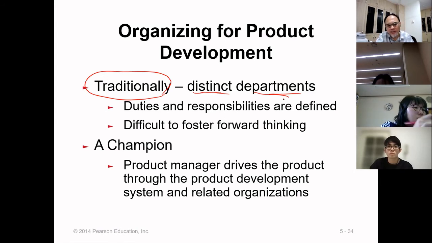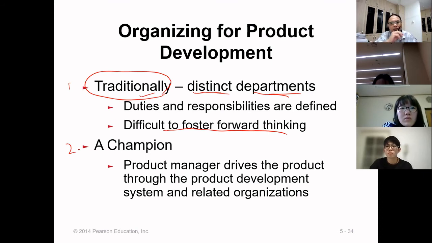Of course, it is not really a good way because only one or two departments, so it's difficult to foster or to have forward thinking. Okay, it's very traditional. There is another way. This is the first method, the first type of organization.